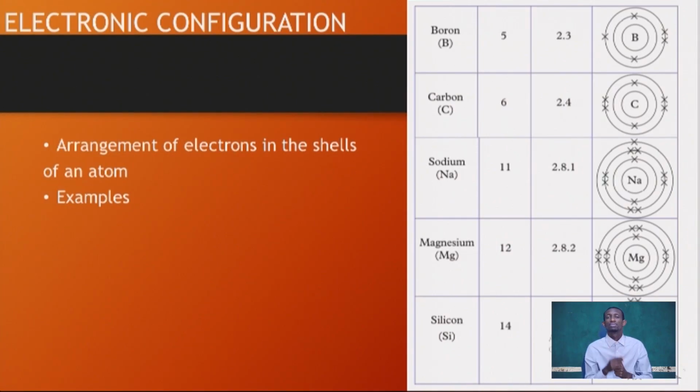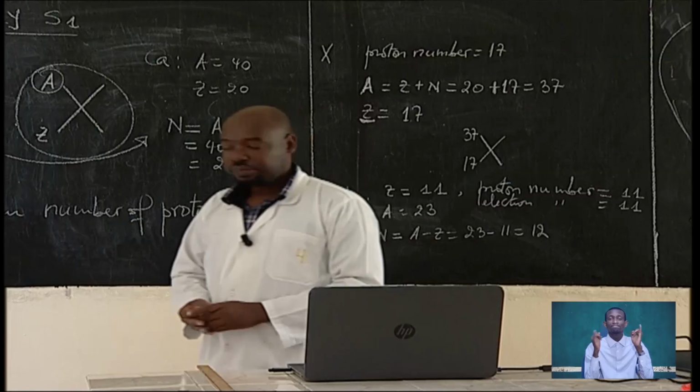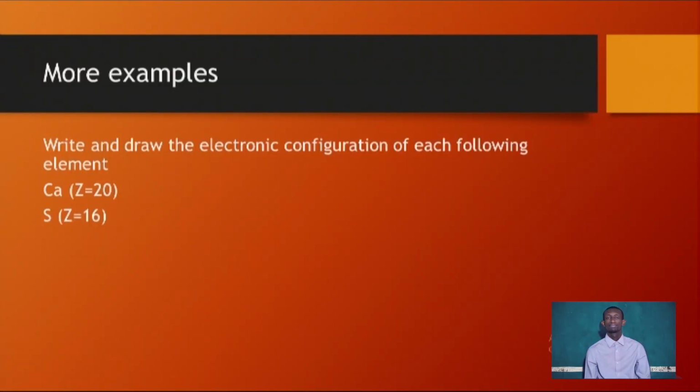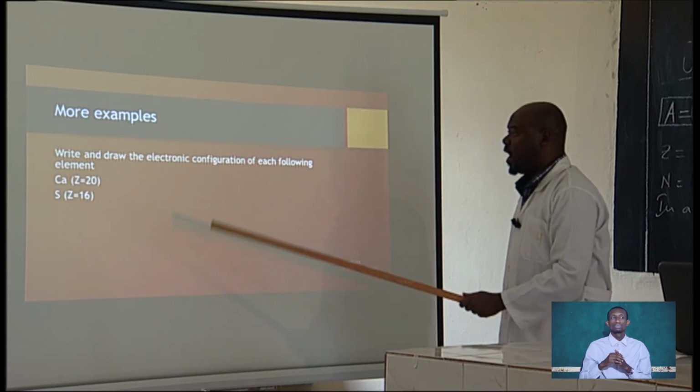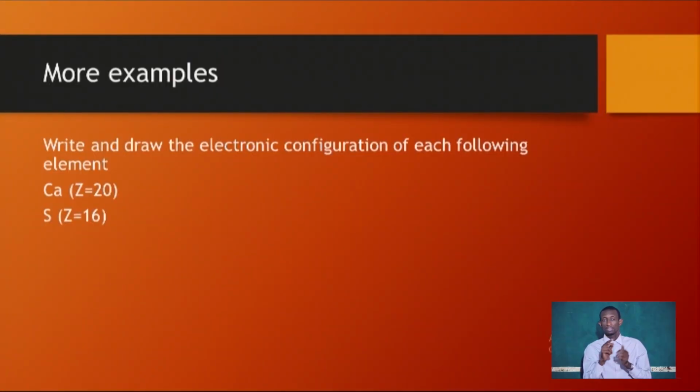Now, from the examples we have here, I want you to try this. Write and draw the electronic configuration of each of the following elements. Calcium, which has Z 20, and sulfur, which has the atomic number 16. Just 2 minutes.